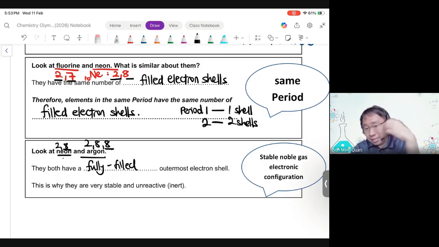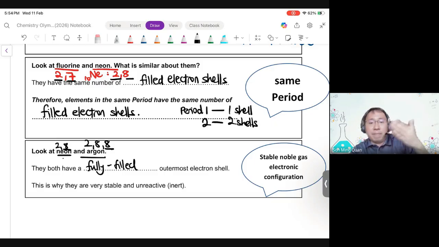That means, for example, fluorine. Fluorine is 2,7. 2,7 is going to be super reactive because the outermost shell is not yet fully filled. Similarly, sodium, 2,8,1. 1 is clearly nowhere near fully filled, right? The outermost shell. Therefore, sodium is very reactive.